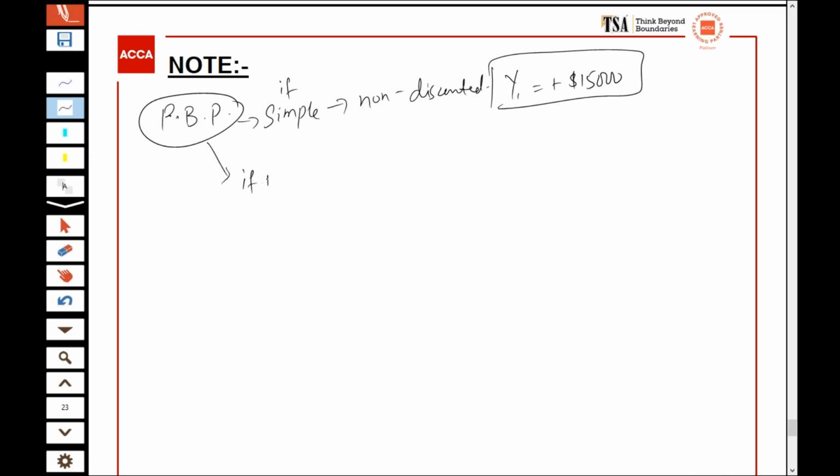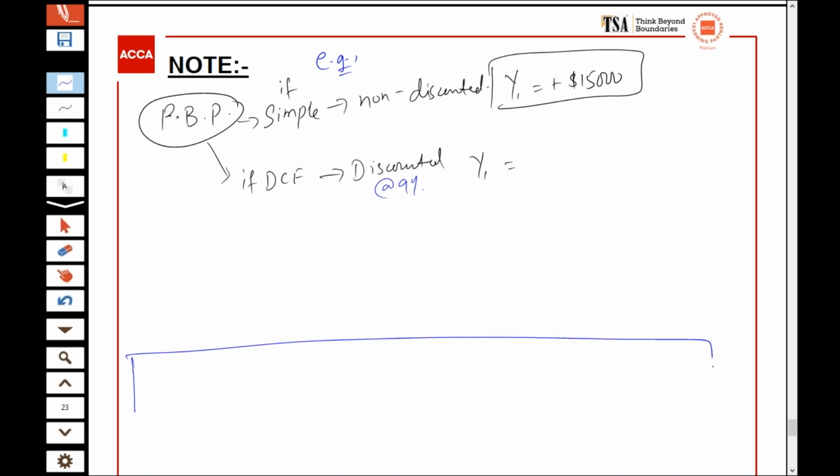Let's say if it is DCF, discounted, then after year one it would be less than 15,000. Imagine, for example, at 9% after 1 year. It's just an example.